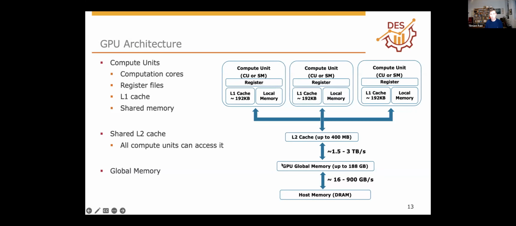And then we have the global memory, and then a much smaller L2 cache, which is shared across all compute units. Then we have very small local caches and local memories, which the compute units, or streaming multiprocessors, have, where we have multiple cores within that really need to do the same kind of processing. So we have a compute unit that has many cores, and they will need to do the same task in parallel.